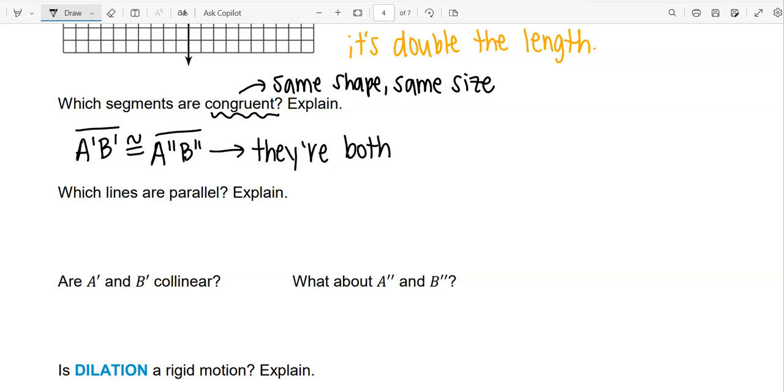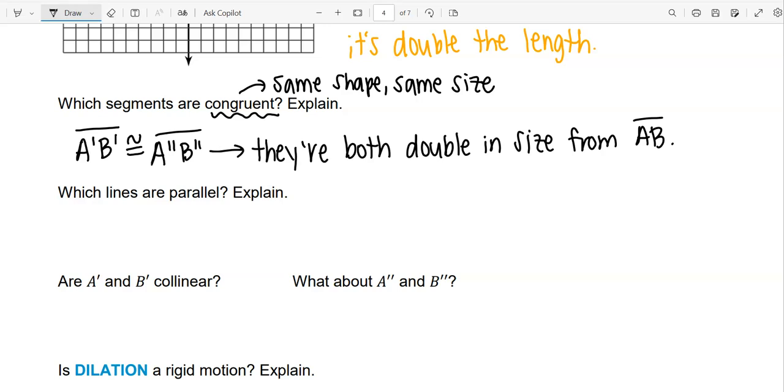How did we get both of them? Yeah, we dilated AB by a factor of 2, so they're both double in size from AB, the segment. If we took AB and we doubled it in size 2 times, then the 2 results are going to be congruent because they're the same shape, same size.